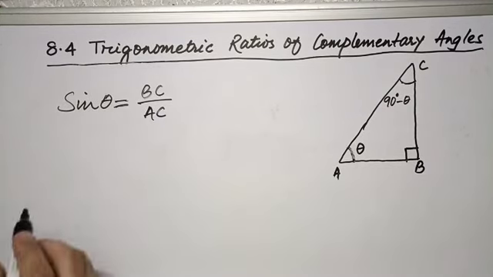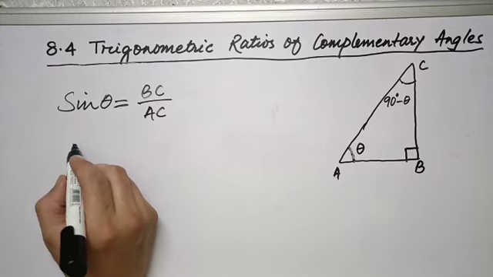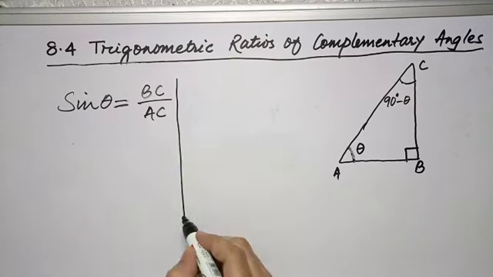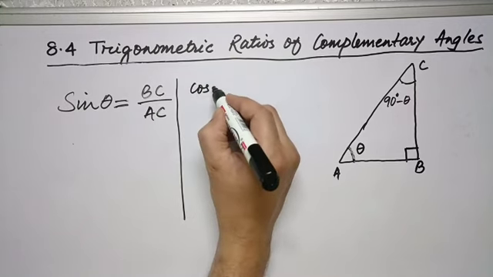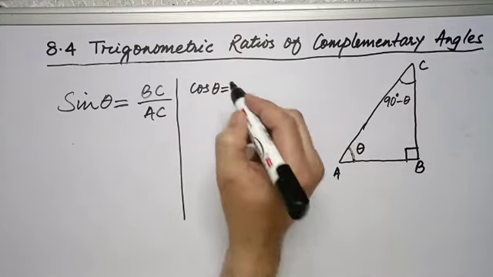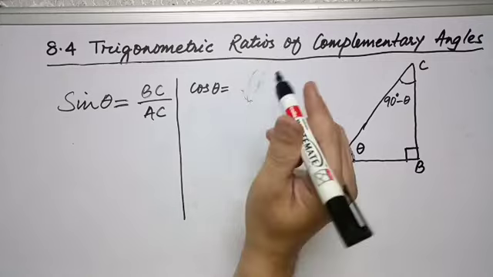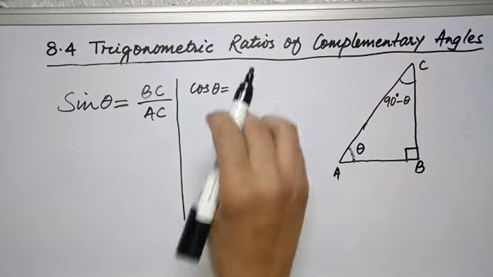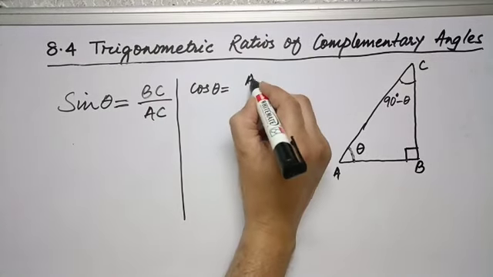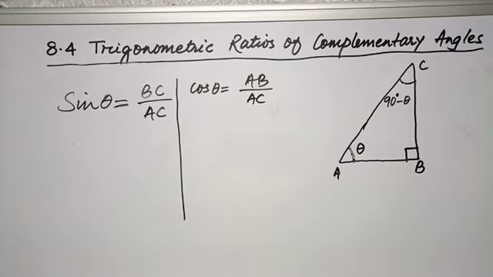Similarly, if I take cos theta, then you can say base by hypotenuse, that is AB by AC is your cos.